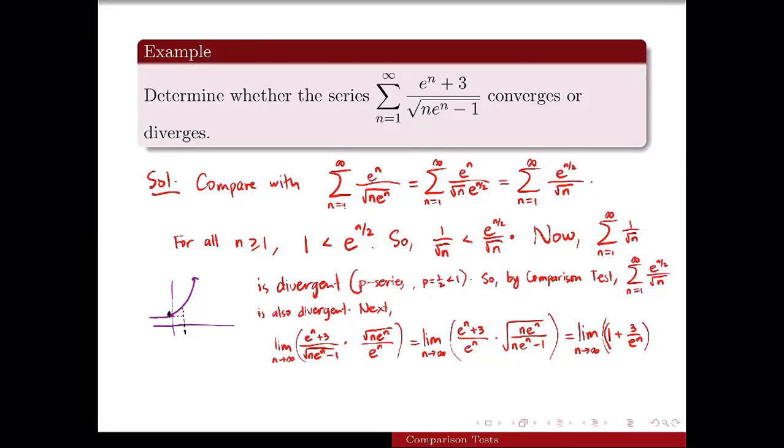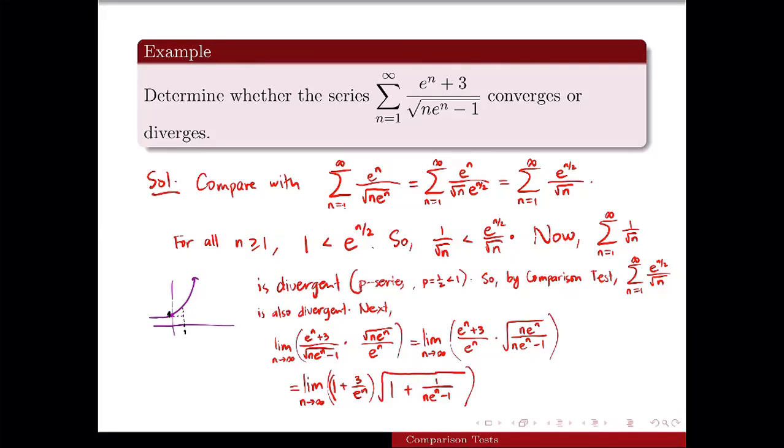I think I will need more space in here. And then inside the square root, you will have 1 plus 1 over n e to the n minus 1.